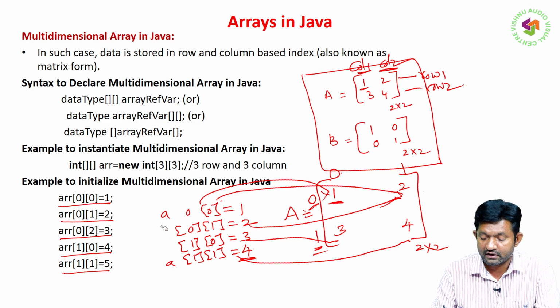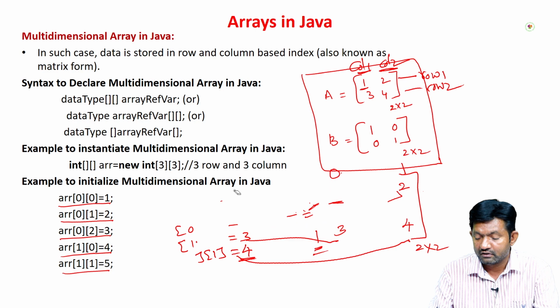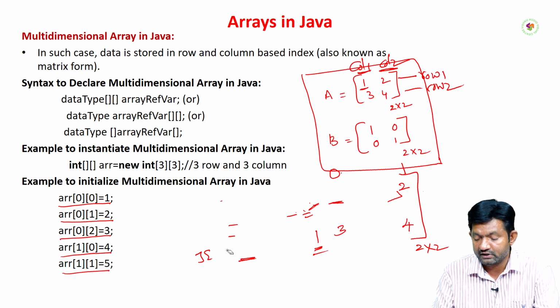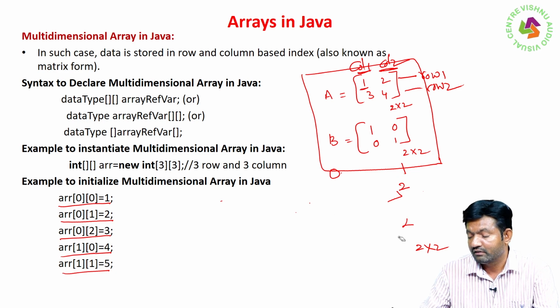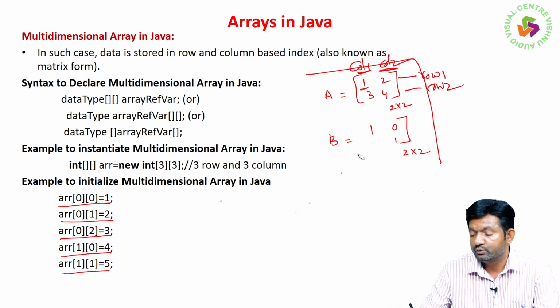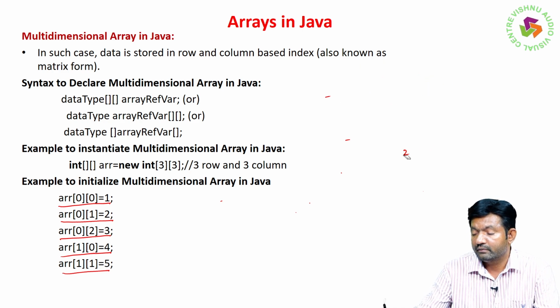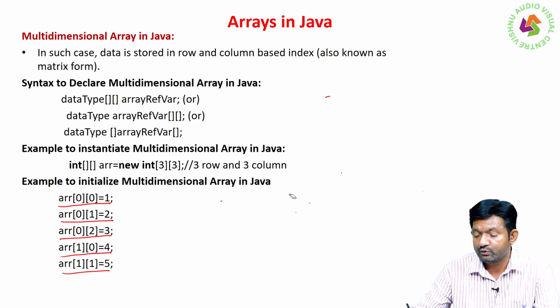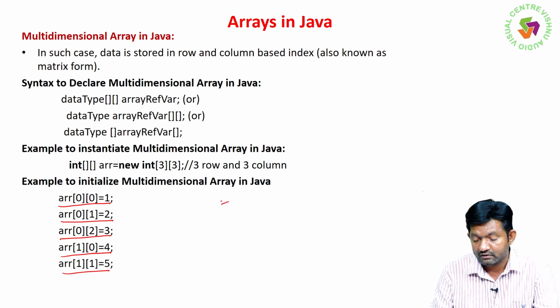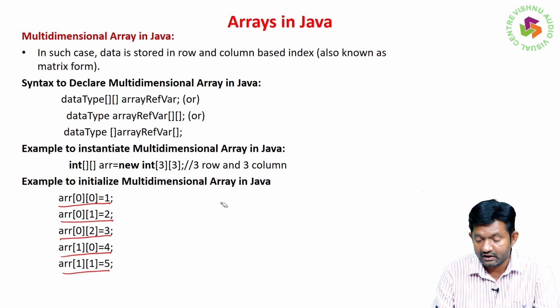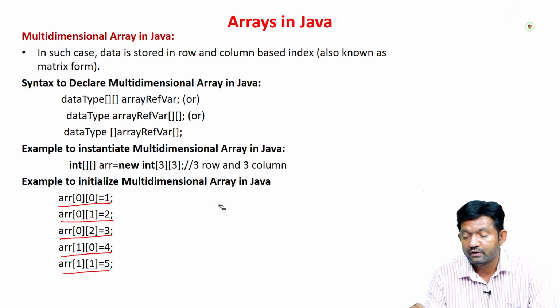So once again, I will write the representation, initialization, and declaration of a two-dimensional array, a multi-dimensional array. We know the matrix representation in terms of size, columns and rows.